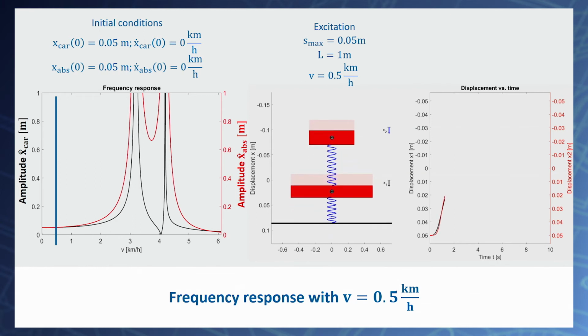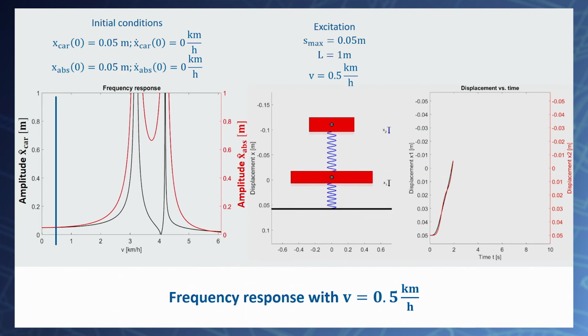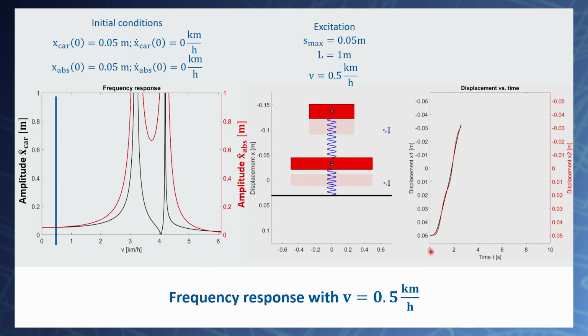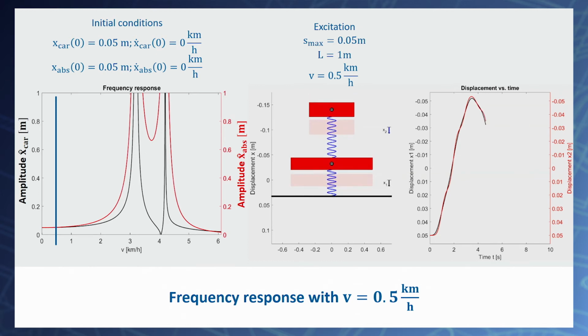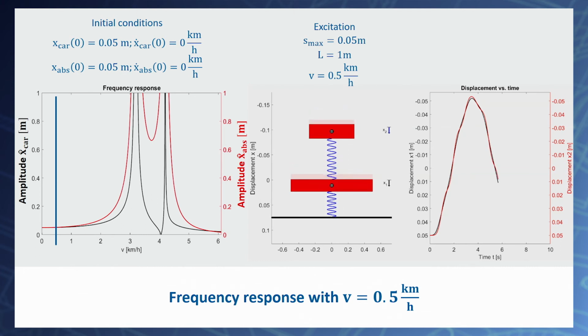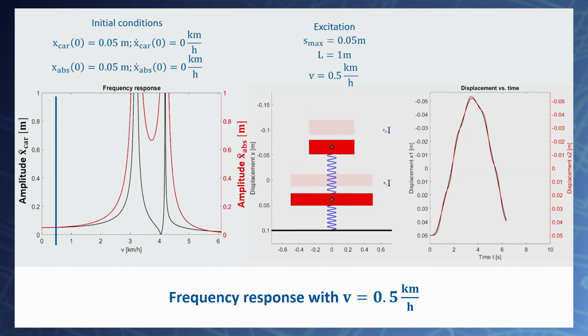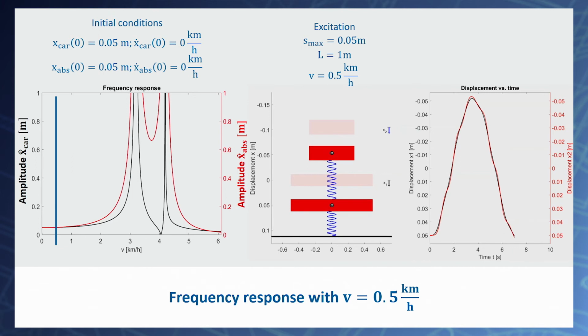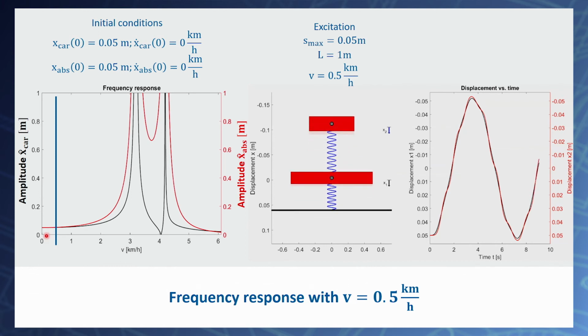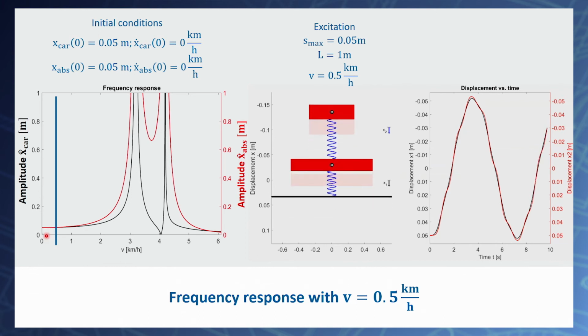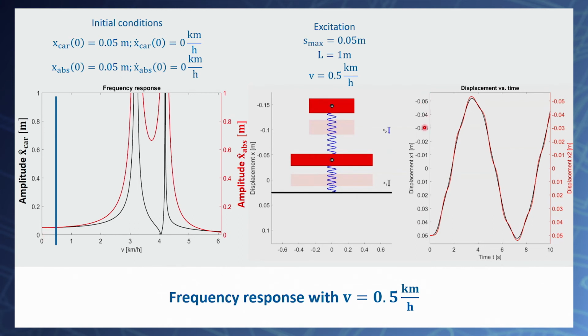And slowly you can see, also from the displacement versus time diagram, that almost exactly the two masses are moving with the same amplitude. This is very low velocity, nothing much really happening, just very small displacement that you can see.